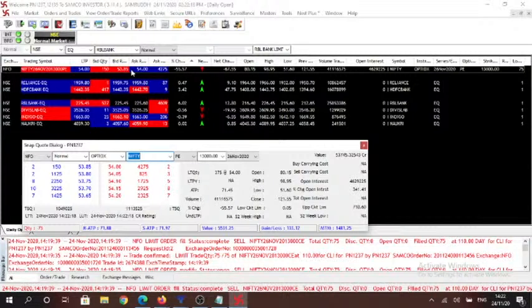Right now, Hindalco is less than 1% away from its 52-week highs.